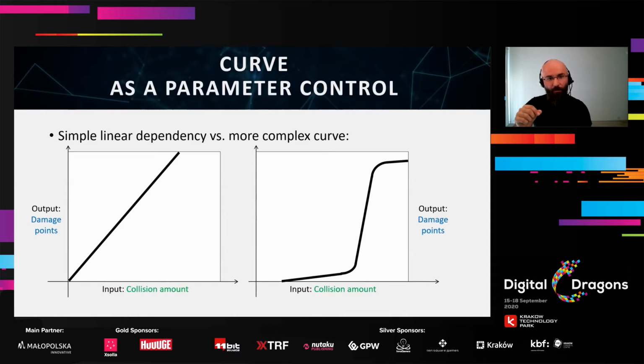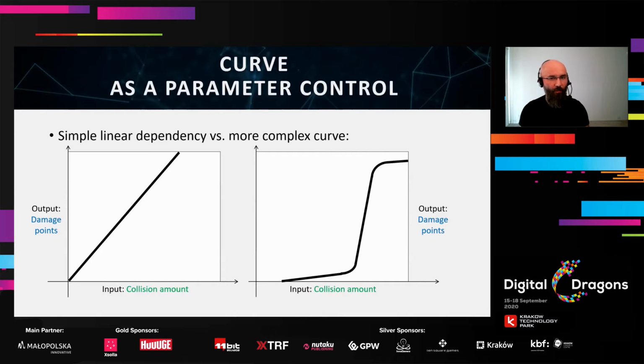So then I'm applying this steep curve, and I'm really raising damage points very fast. And then at the end, I'm again dampening this value with some maximum number for the damage points. So this is the curve on the right, and this represents much better the intention from designers, what they want to do with the specific logic and specific behavior.